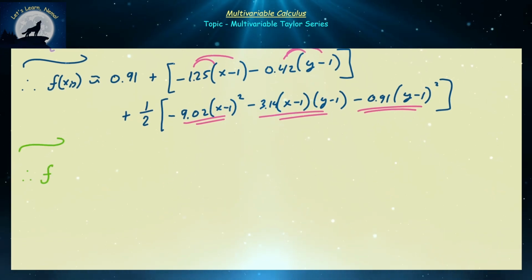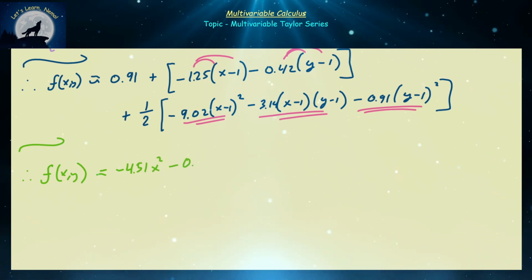your second order approximation will be, in descending order, negative 4.51 x squared, minus 0.455 y squared using these 2 decimal place accuracy values, then minus 1.57 xy, so those are all of our higher order terms.